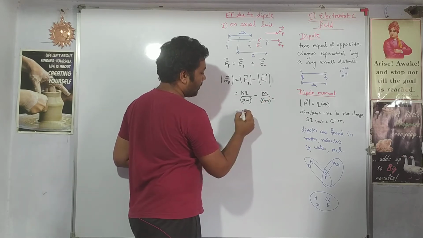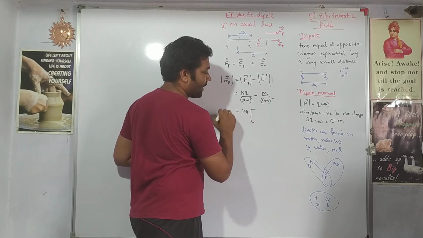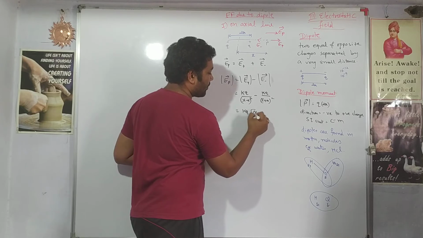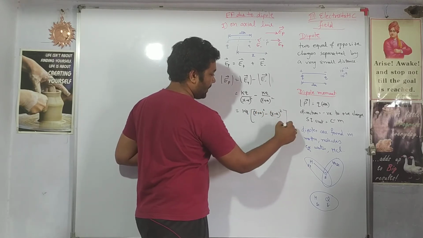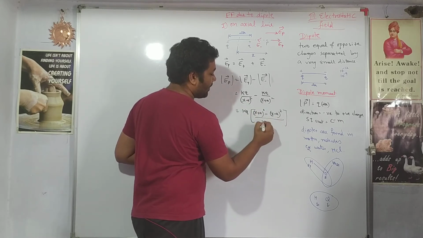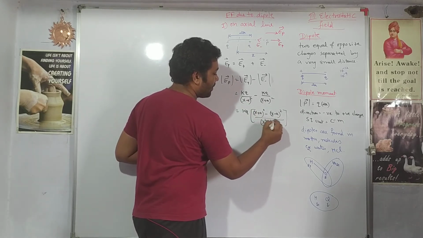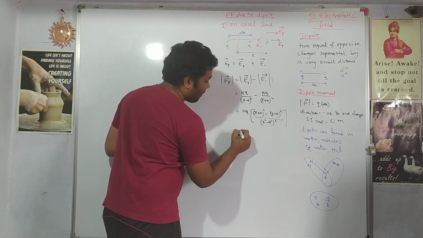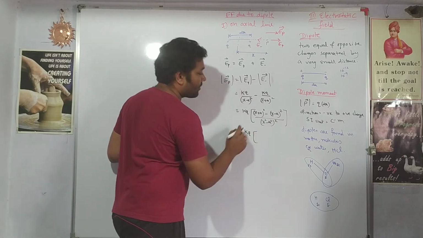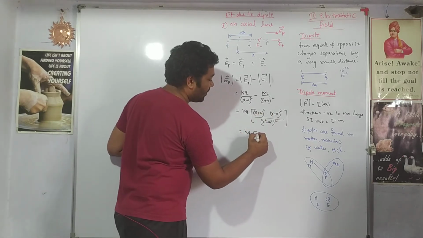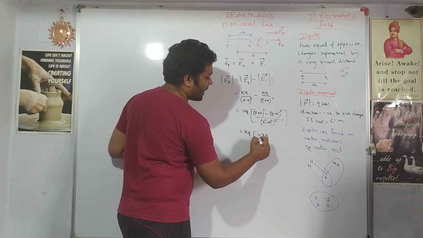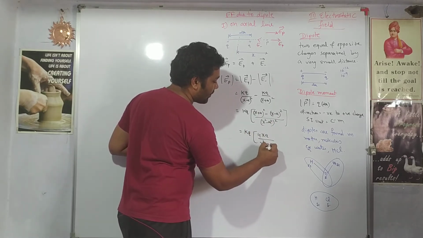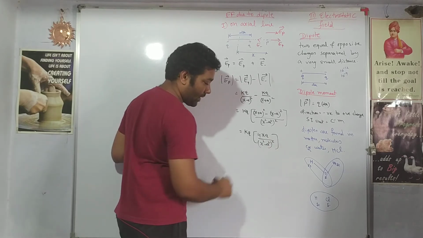Simplifying this further, KQ can be taken out: (X plus A) whole square minus (X minus A) whole square upon (X square minus A square) whole square, using A minus B, A plus B. Algebraic simplification: the square terms get cancelled out and leave 4XA, with denominator (X square minus A square) whole square.